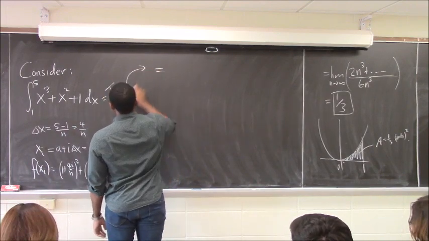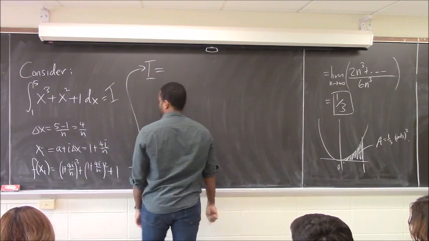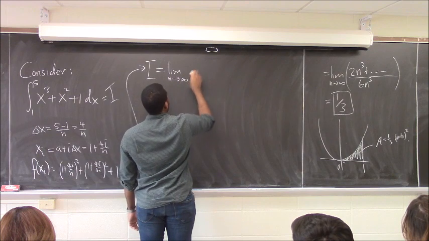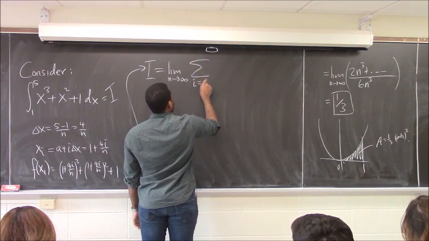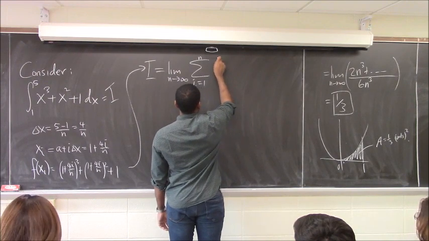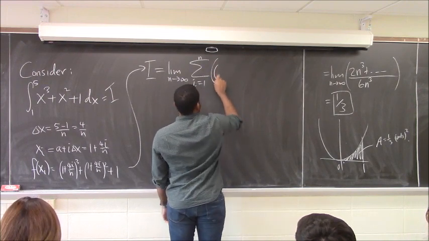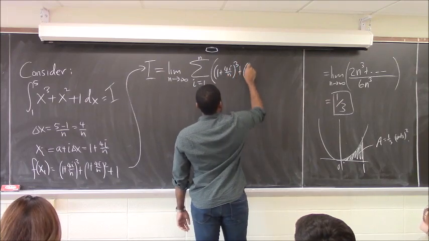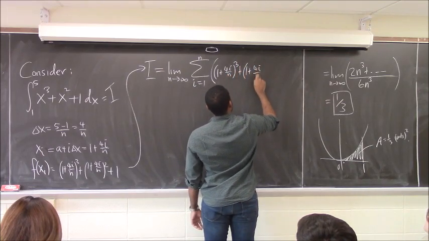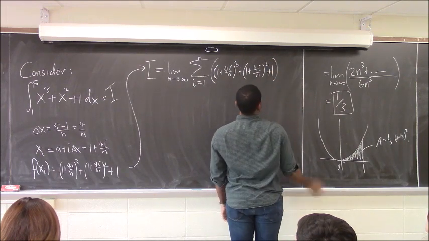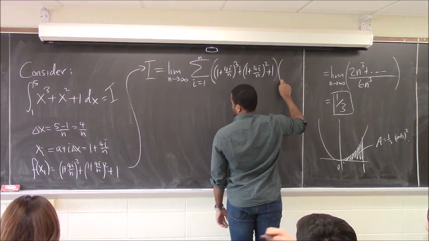And so now, to plug this in, this integral would be equal to the limit as n approaches infinity of the summation i goes from 1 to n of f of x_i times delta x.